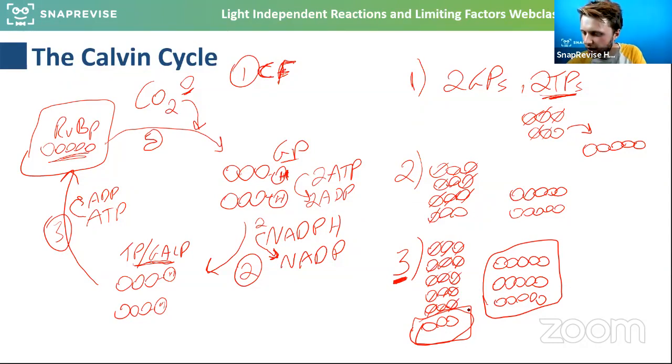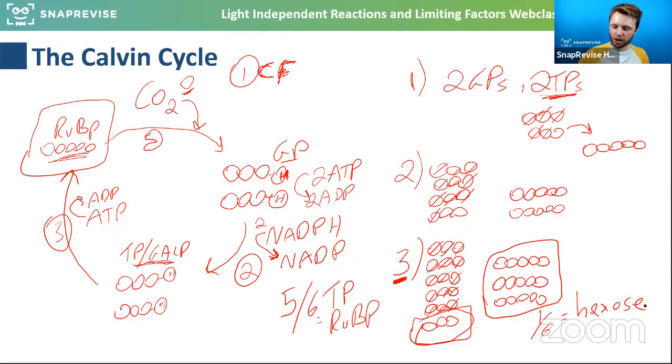This means that 5 out of 6 TP molecules are used to make ribulose bisphosphate, and 1 out of 6 is used to make a hexose sugar.